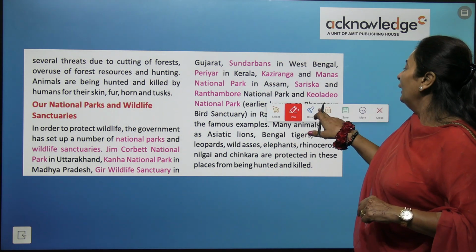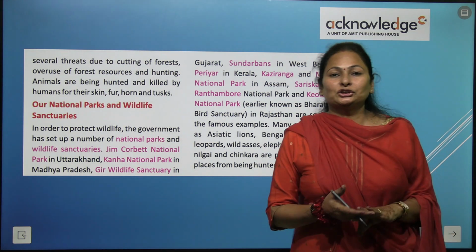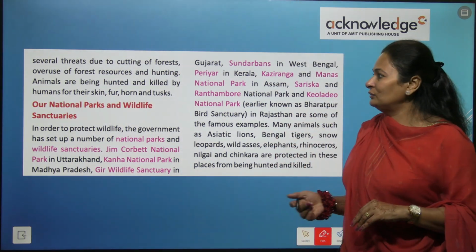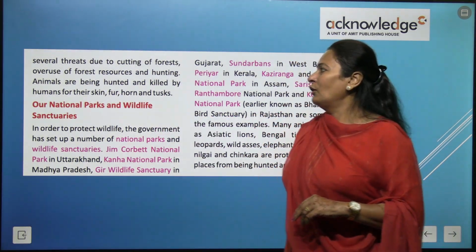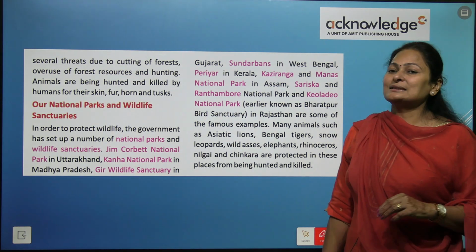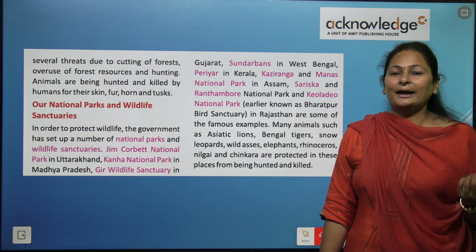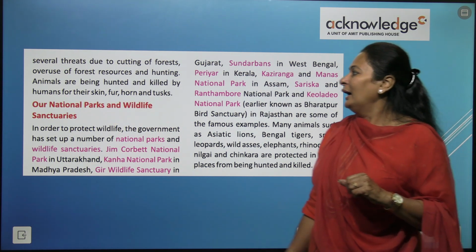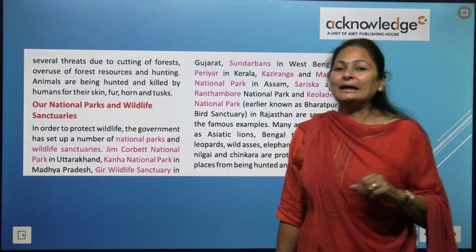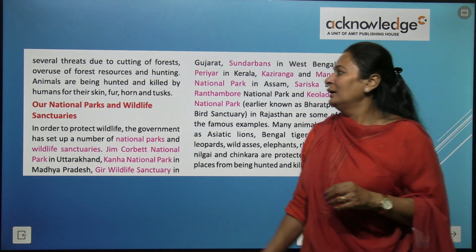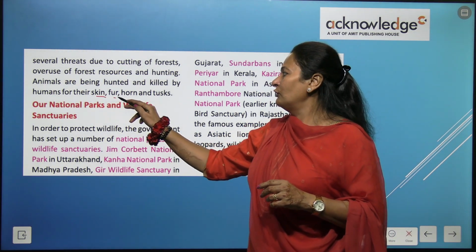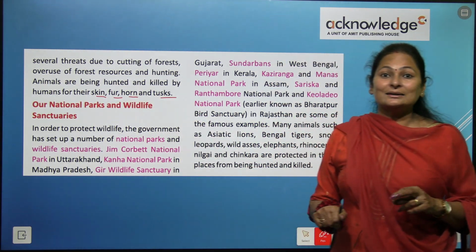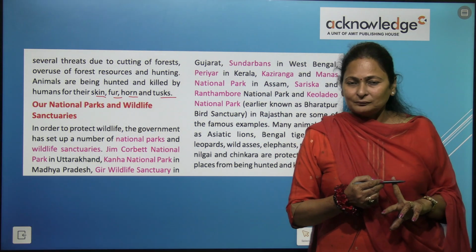Because of deforestation or cutting down the trees, overuse of forest resources and hunting. Animals are being hunted and killed by humans for their skin, fur, horns and tusks, right?